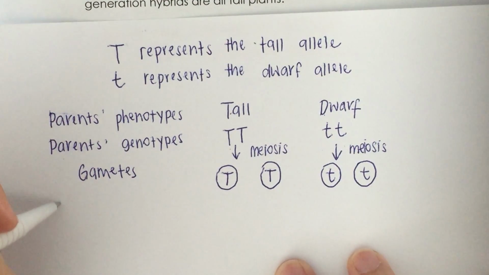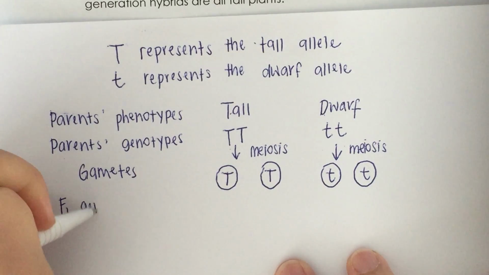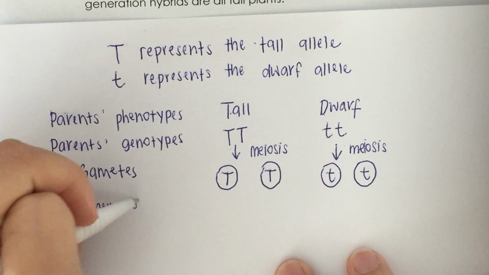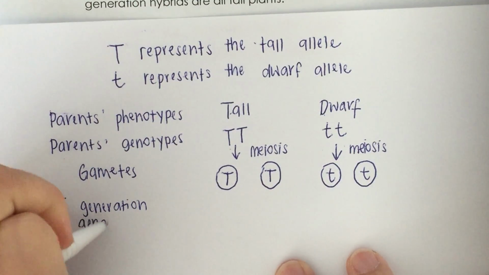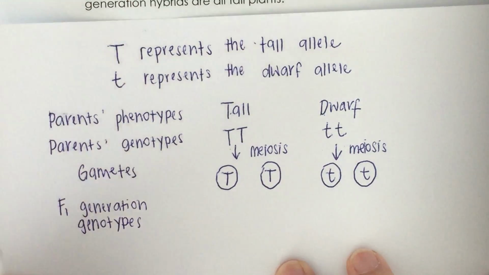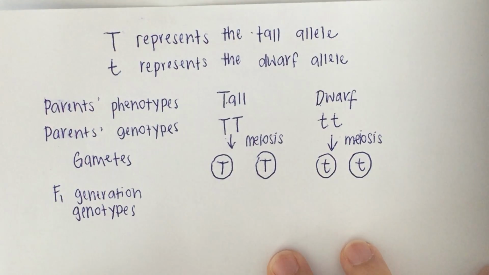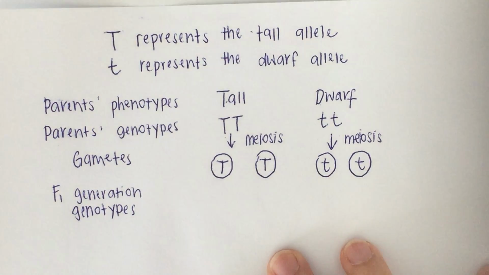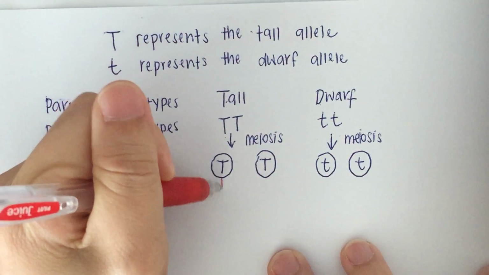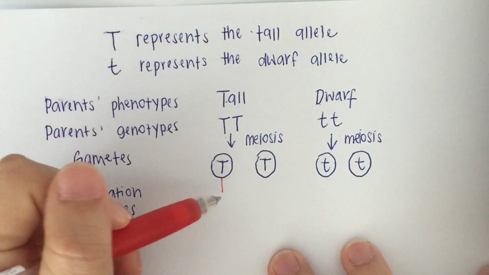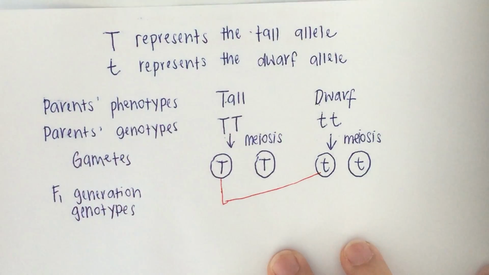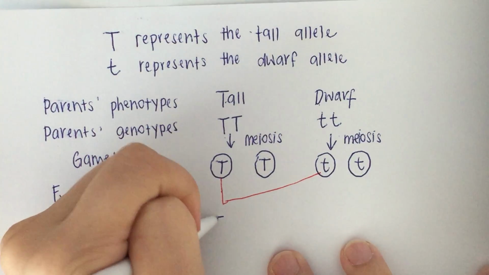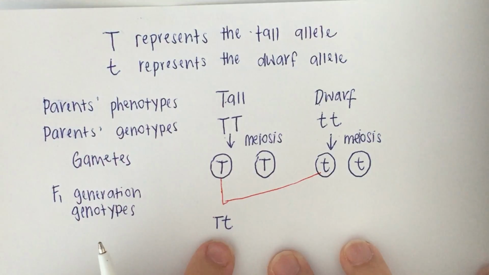Next you have F1 generation, which is actually the offspring genotype. So this gamete from this parent will fuse with this gamete from the other parent. So this is one possible combination.